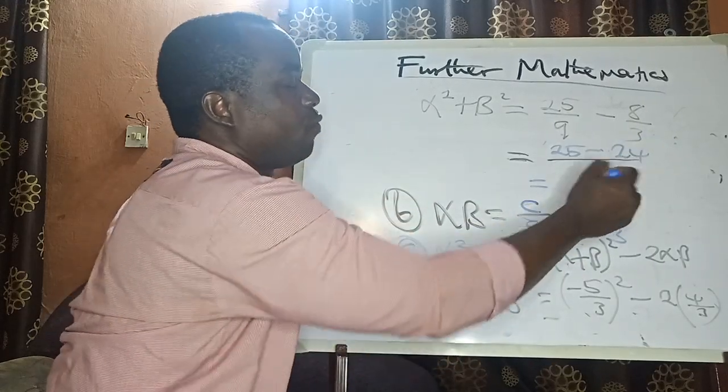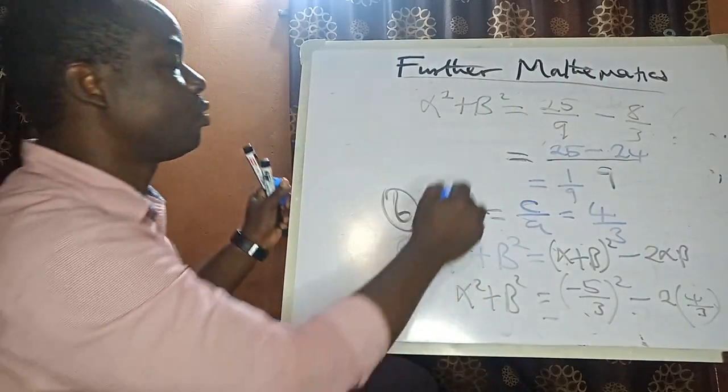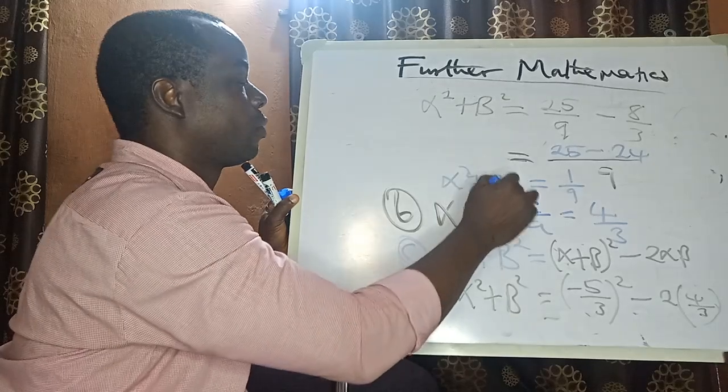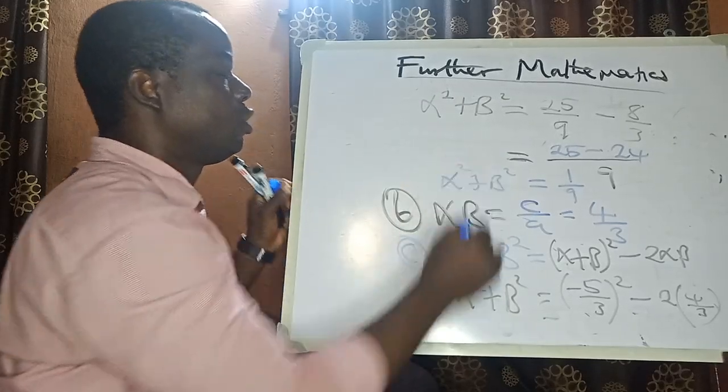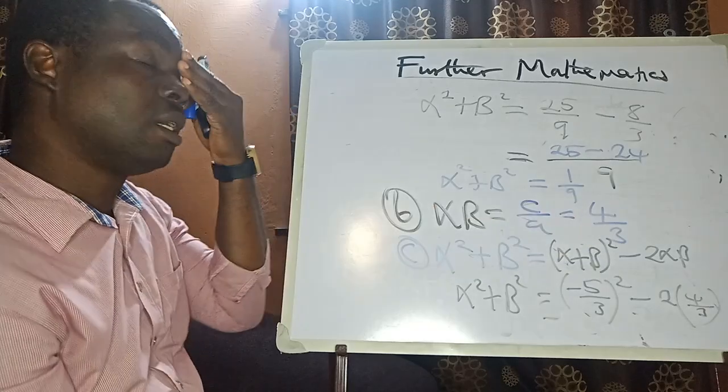So 25 minus 24 is 1 over 9. So our alpha squared plus beta squared, the answer is 1 over 9. So take note. Let's solve the last one.